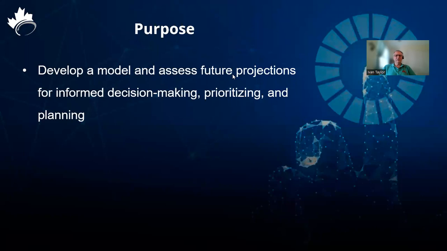So the purpose of this model and this presentation is to assess future projections for informed decision-making, prioritizing, and planning. As I said, the Sustainable Development Goals are lagging indicators, and we want to use system dynamics to project into the future and possibly support this kind of policy making by leaders in each country that we apply it to.